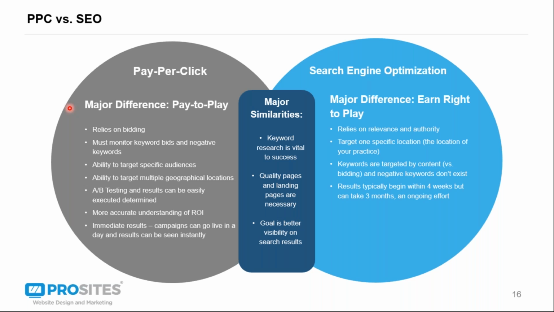Typically, with search engine optimization, you can only target one specific location, and that's not because of anything that you do. It's more because the algorithm is working against you to target geographical locations outside of your major city, or if you live in a large metropolitan area, really within a few city blocks of you.